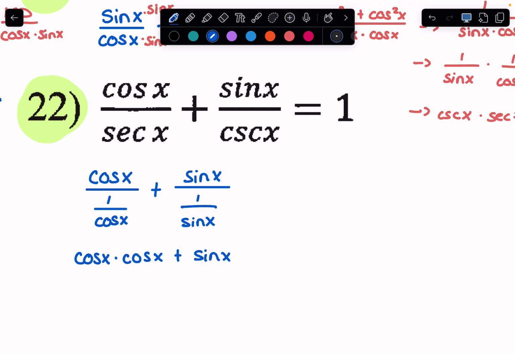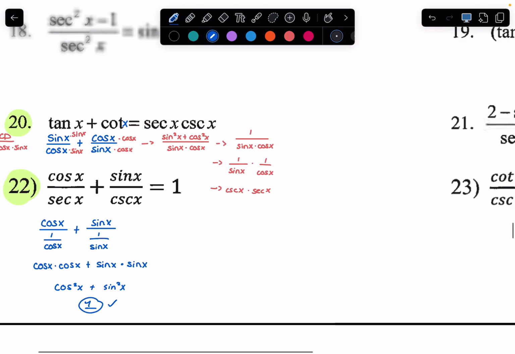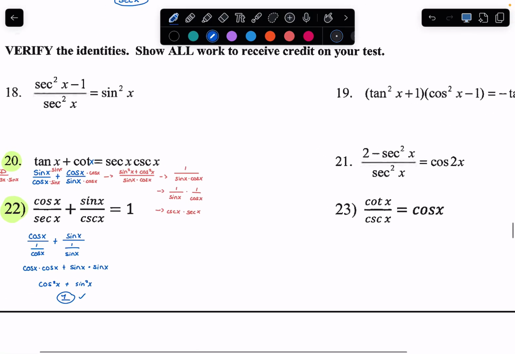Because sine squared plus cosine squared, which is one. Everybody okay? Yeah?